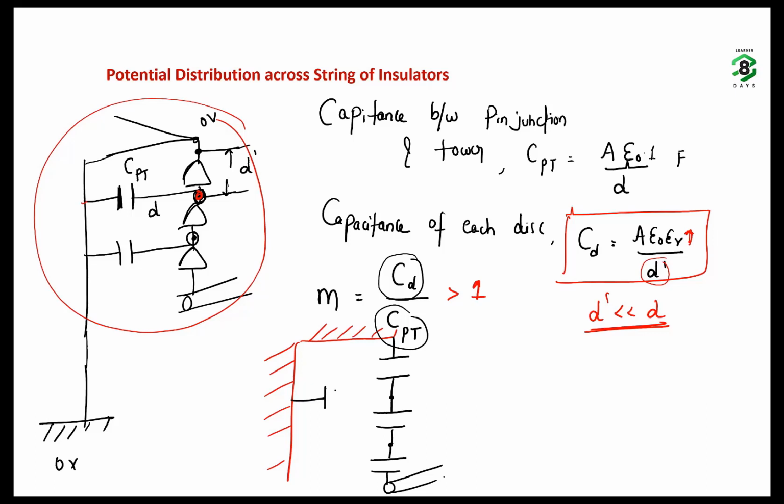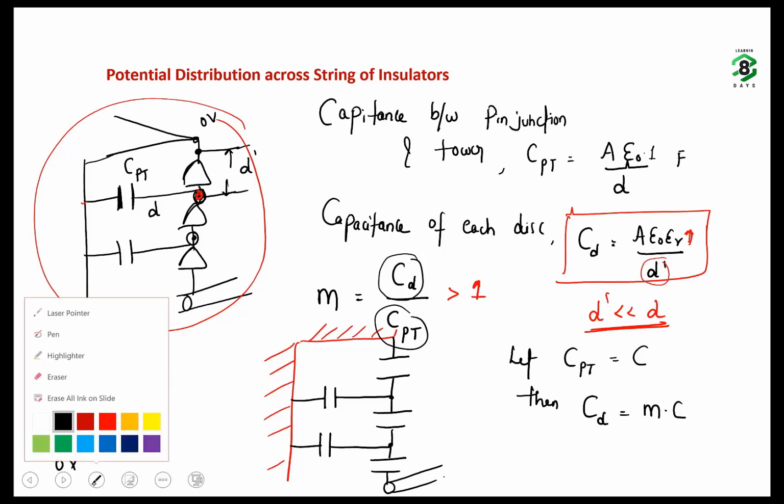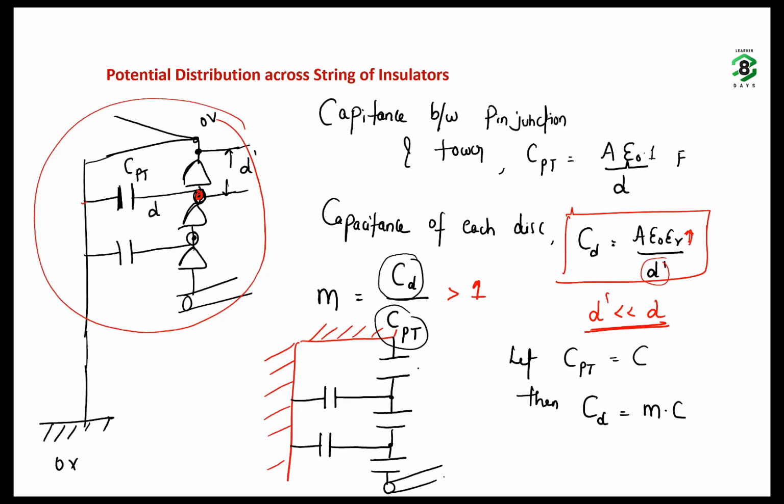For our convenience, to reduce the number of variables, let CPT be capital C, then CD will become M times capital C. So I am defining my individual disk capacitance as MC and the capacitance between pin junction and tower as C. This is how we model.